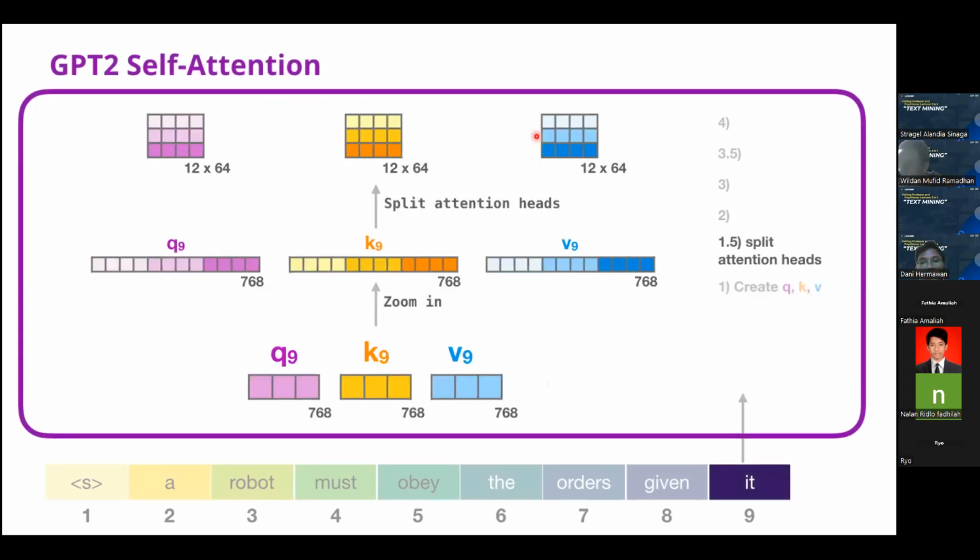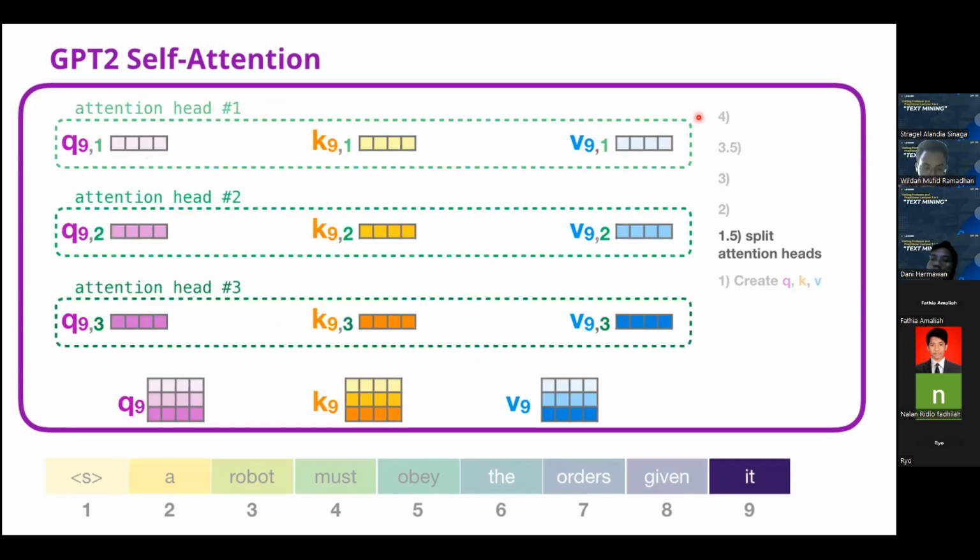The 768 dimensions can be split into 12 different attention heads. Each has 64 dimensions. Every head has its own query, key, and value, and works separately.